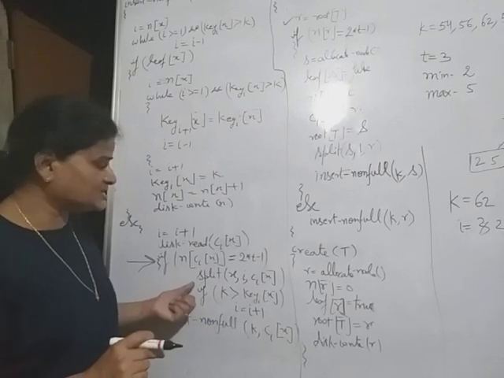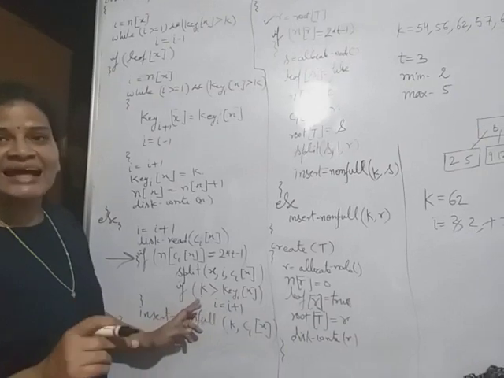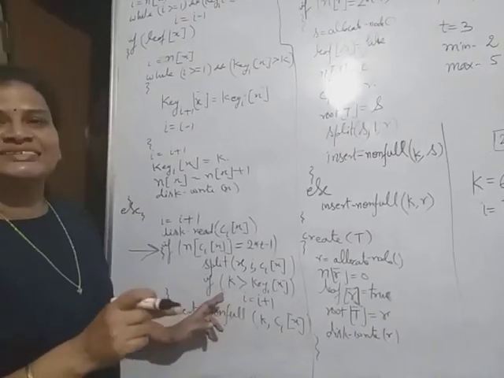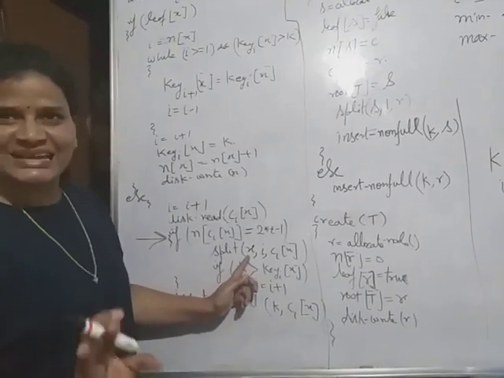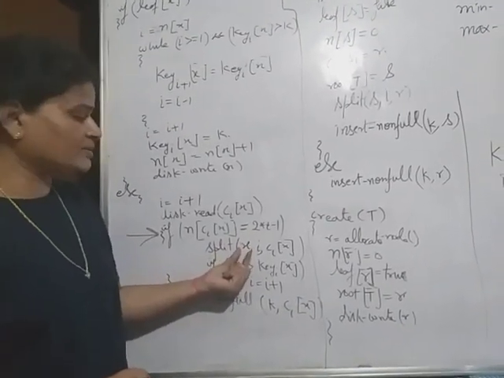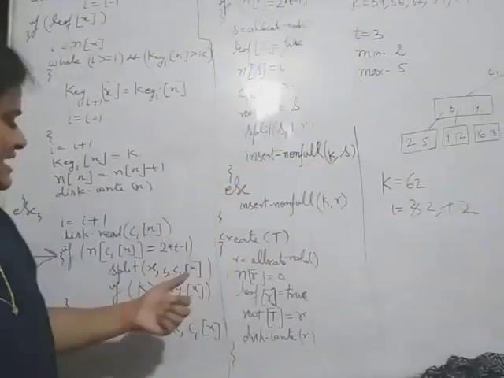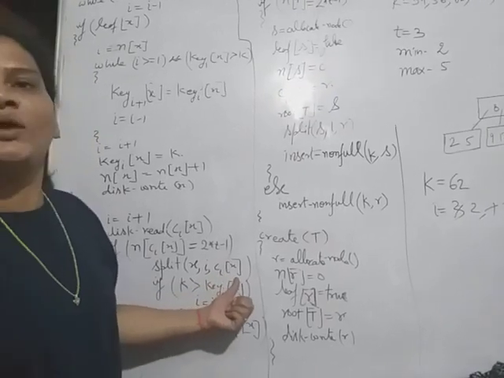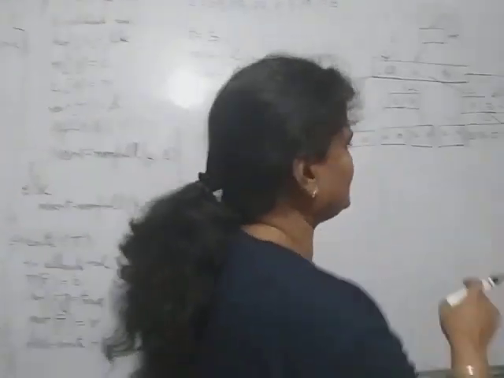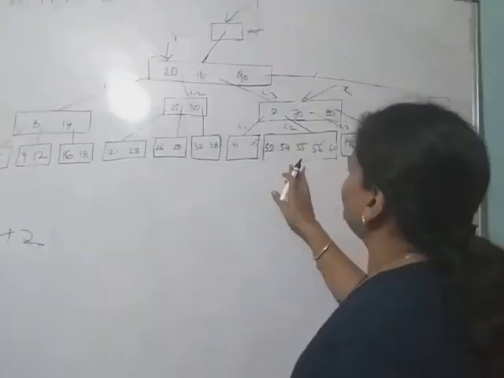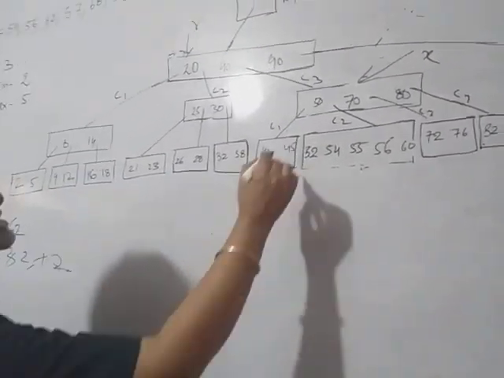This split function takes 3 parameters. Here I have not written the explicit split function. I explained the split function in the insertion algorithm part 2. So the split function takes 3 parameters: x, a pointer to the node whose ith child, here I is 2, the second child, is full.